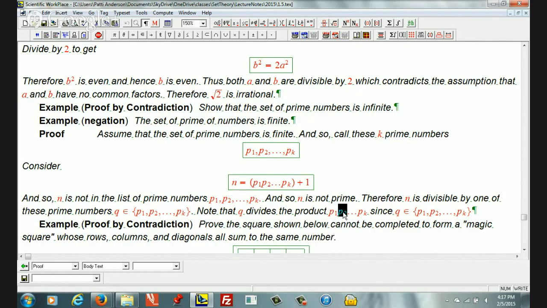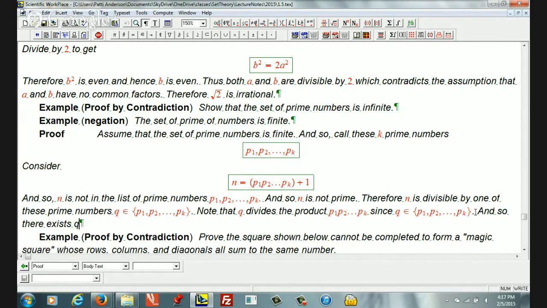That's all they're saying. So I know that Q divides that product, and so there exists, I don't know, an R in the integers such that Q times R is equal to the product P1, P2, ..., PK. Q times something equals that product.